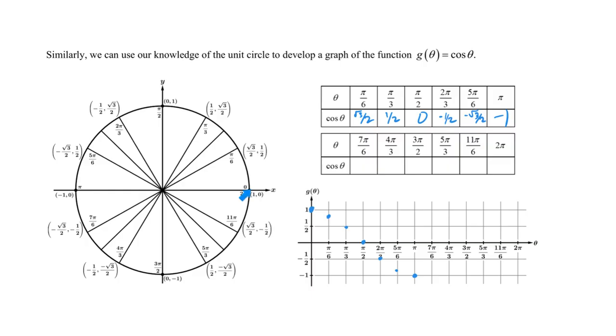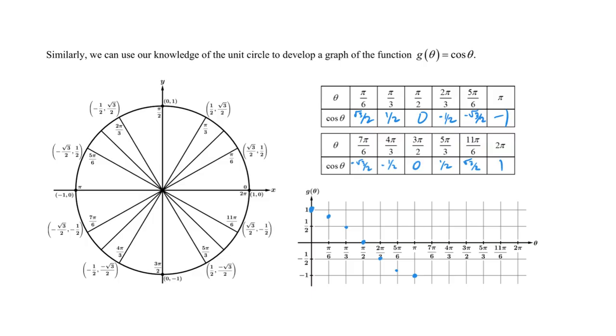So far we've gone from here and around the circle, and we're here. So now we're going to go the other half of the circle. We're still on the left side of the y-axis, so my x is going to stay negative, so square root of 3 over 2, negative 1/2, 0. Now we're back on the right-hand side, so 1/2, square root of 3 over 2, and then we end up back at 1, okay?